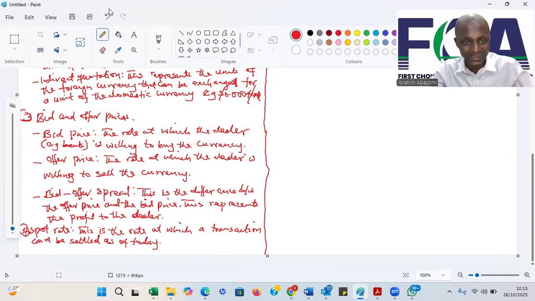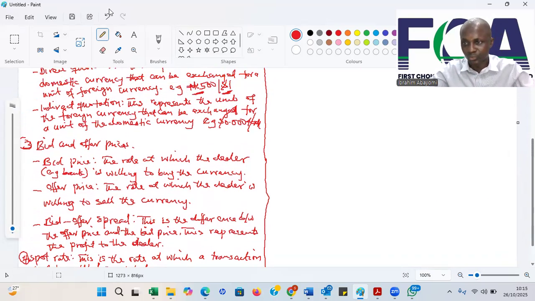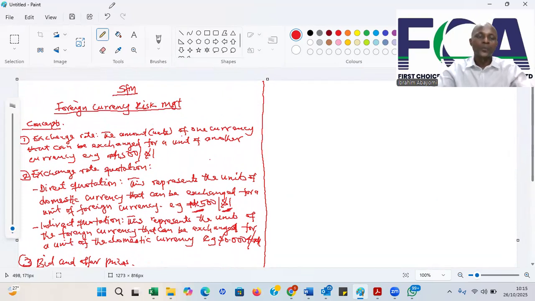So I enter into a transaction and it's a spot transaction. The price at which that transaction can be settled today is the spot rate. Then we now have the forward rate.